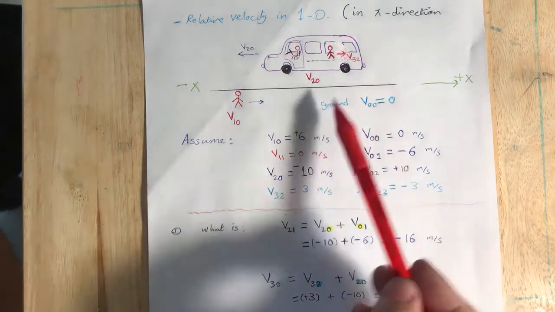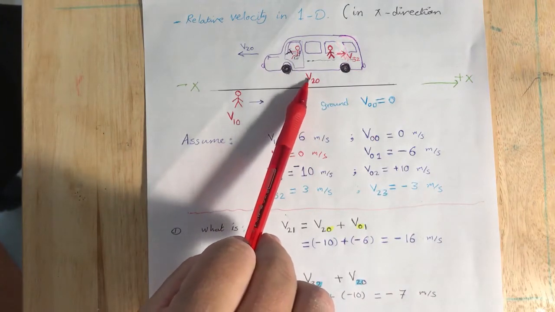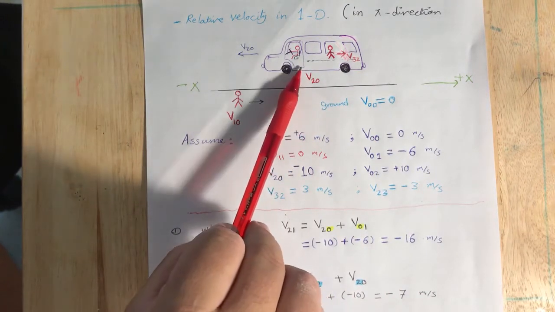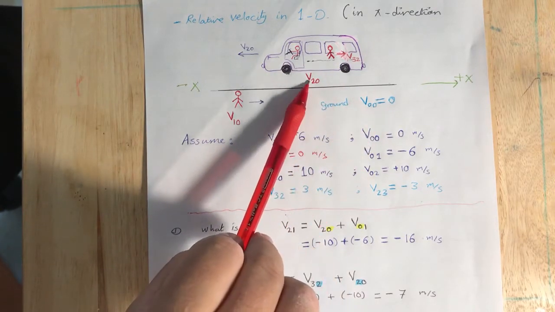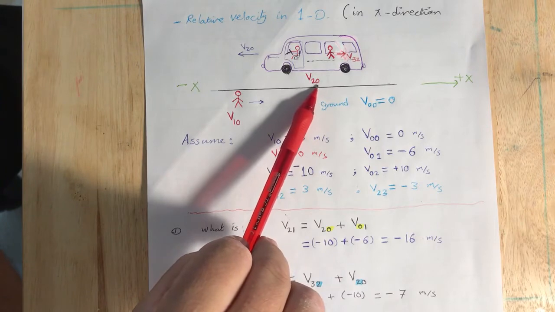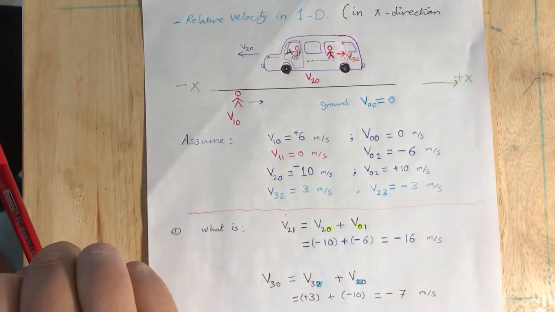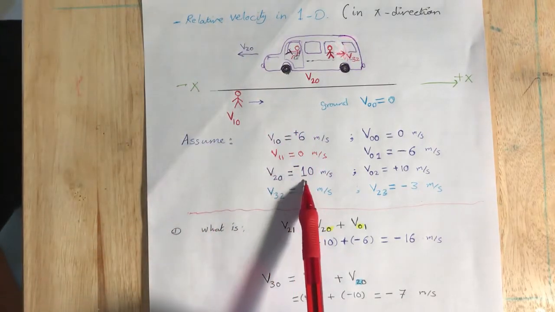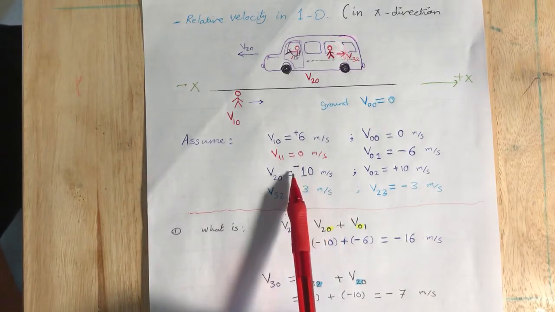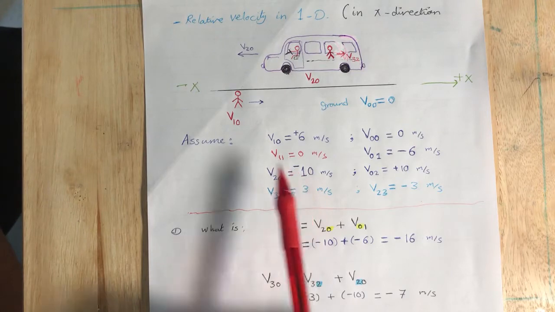Okay, for the bus I named it 2 and its velocity is v2. Its velocity with respect to ground, which is the reference, is v20. Its velocity is to the negative x-axis in our representation. Then I give it a magnitude 10 meters per second, but because it is in negative x direction, I give it a minus sign.